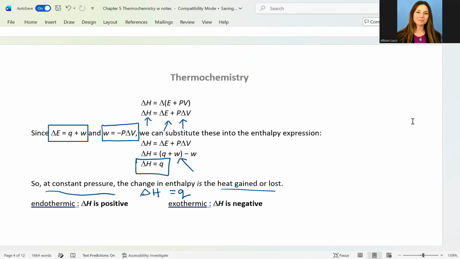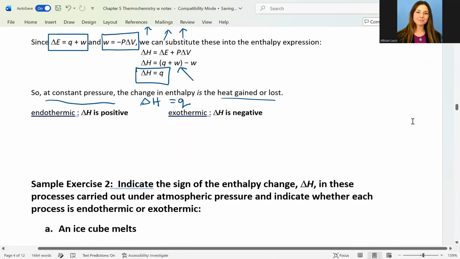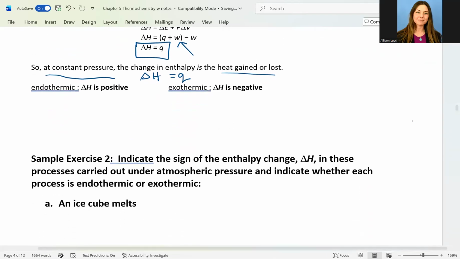And just like we saw with our internal energy, our delta E, we can call a positive delta H an endothermic process, and we can call a negative delta H indicative of an exothermic process. So these terms are used as such.